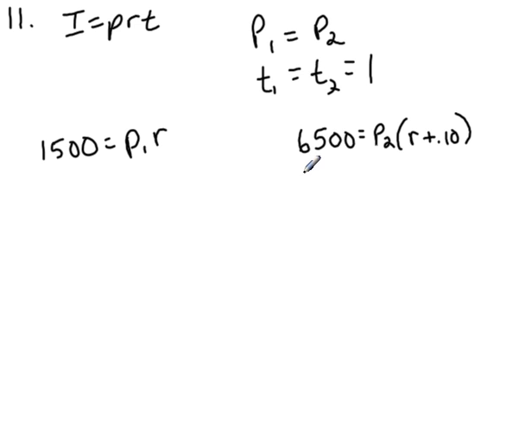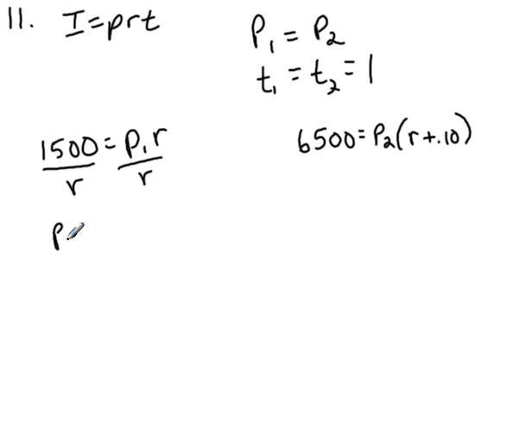Now I'm going to solve both of these equations for the value that's the same on both, and that value is my principal. Even though one says P1 and one says P2, I've stated up here that P1 and P2 are the same. So I'm going to divide by R here to get P alone.